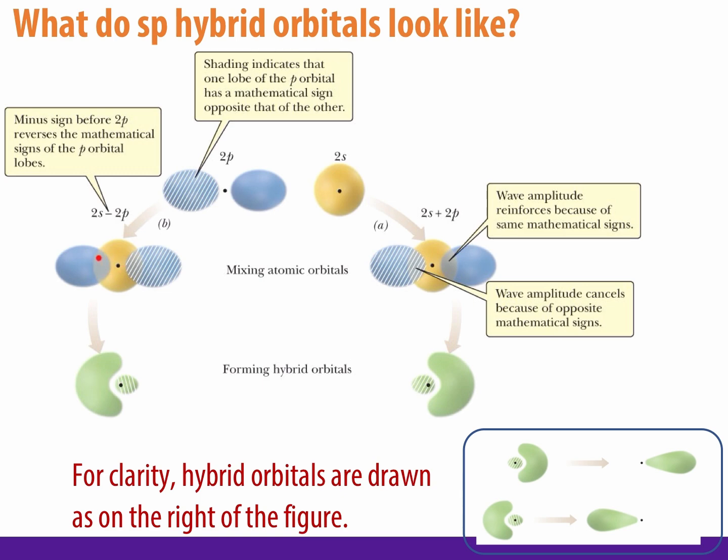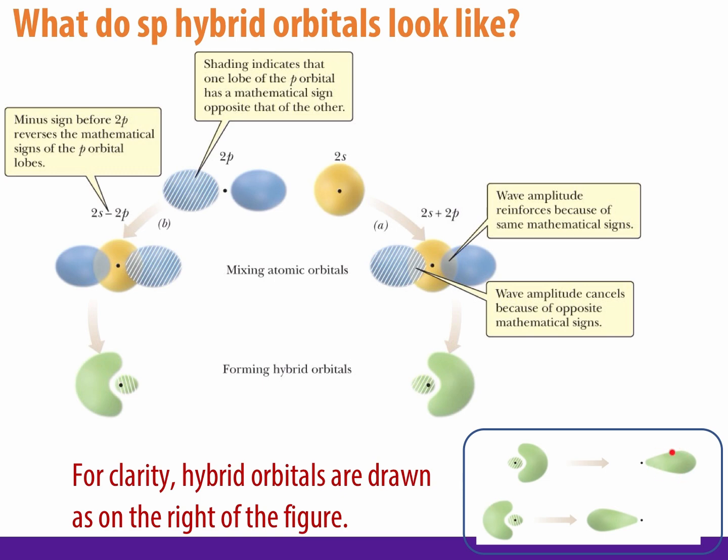These are both, say, positive. And here we get destructive interference, positive plus negative, and we get an orbital pointed like this. On the other side, when we add the two orbitals up, now we get constructive interference over here, destructive over here, and we get two orbitals pointed in each direction.